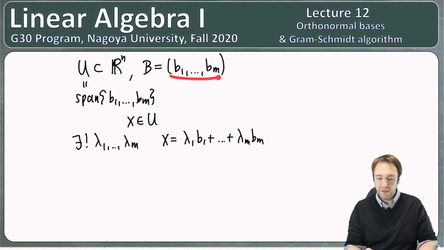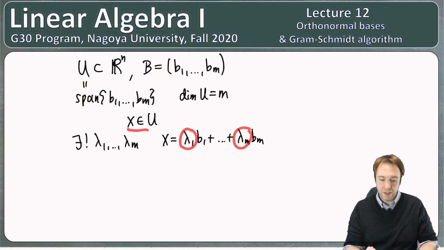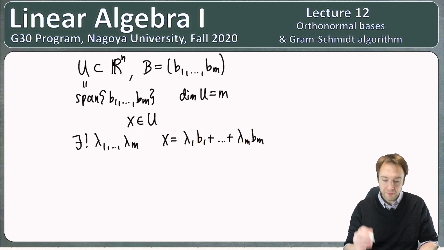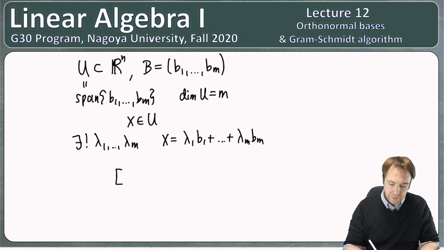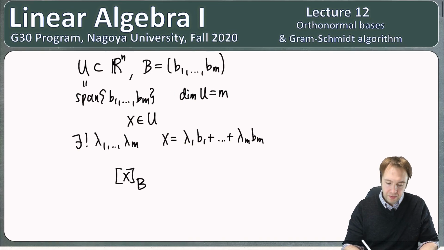And in this case, if this basis has m elements, then the dimension of the subspace is m. And these numbers, which are unique if we start with some element in U, are called the coordinates of this element x. And then we had this notation that the coordinate vector of x with respect to the basis is just the vector of these m coefficients, lambda 1 to lambda m.